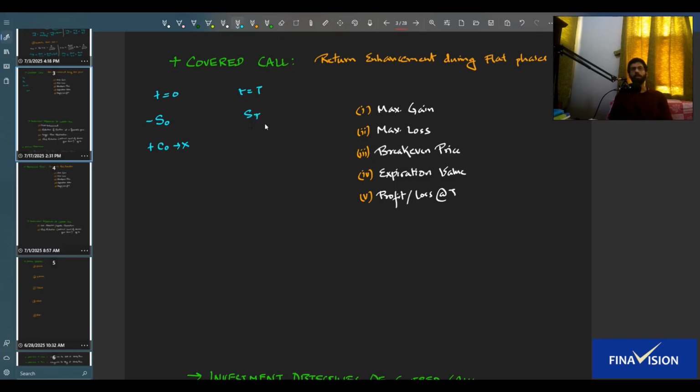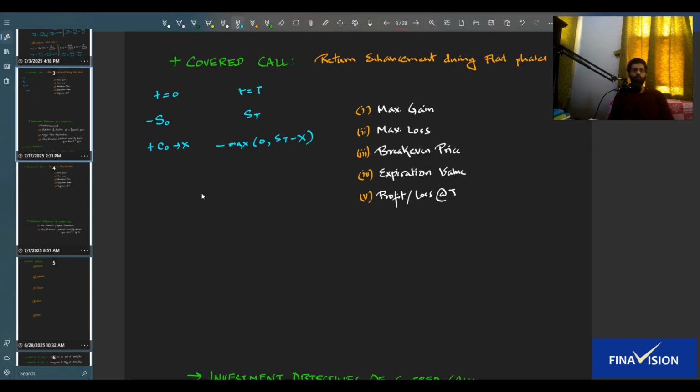For the option, S_T decides the cash flow: the maximum of either 0 or S_T minus X. This will be a cash outflow, so negative, because the call has been sold. If it is not exercised, the value of the option will be 0.